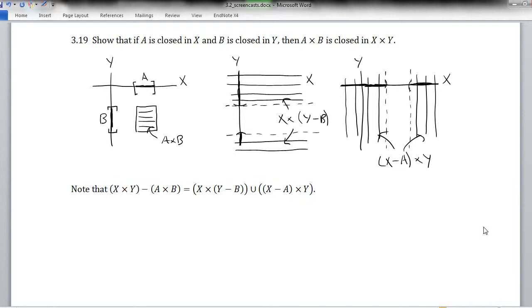Well, since A is closed, the complement of A is open, right? And since B is closed in Y, the complement of B in Y is also open.